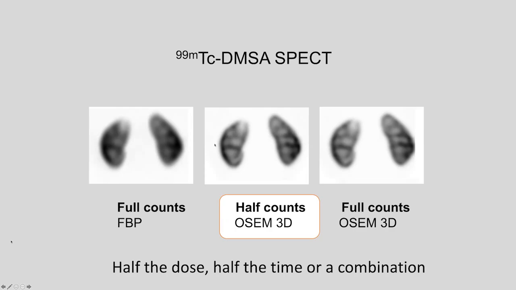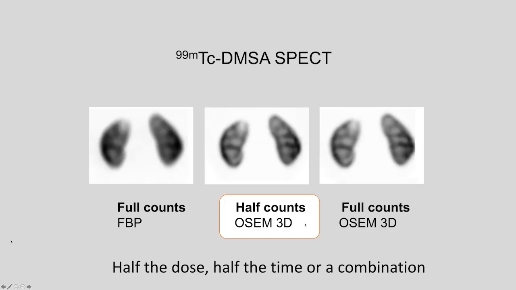This is the same patient. On the right side, you can see the normal cortical columns of Bertin, that are not very well seen on filter back projection.